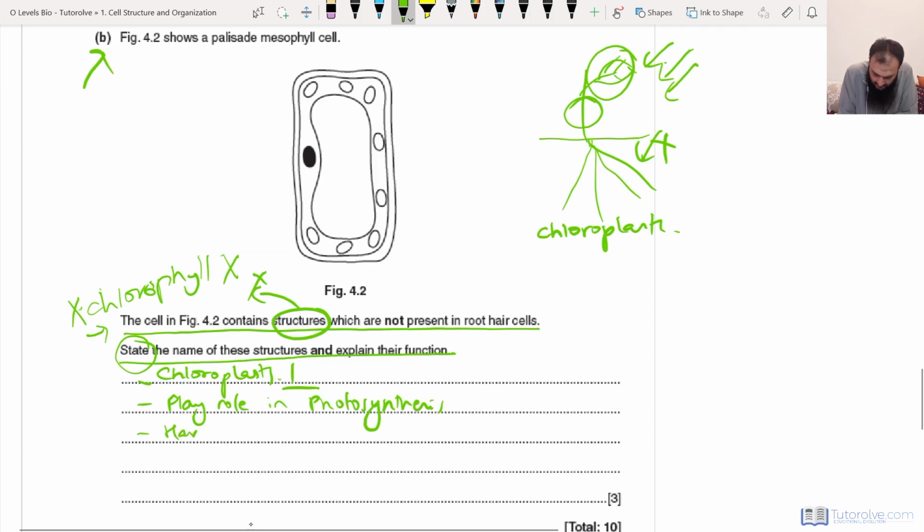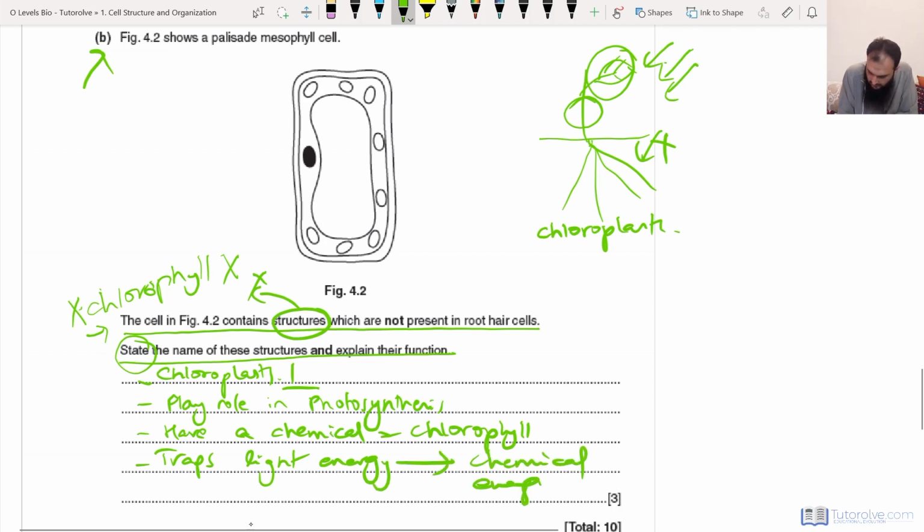They have a chemical which is known as chlorophyll, and chlorophyll traps light energy and converts it into chemical energy. Okay, so that gives you the rest of the marks. This is also a marking point, this is also a marking point, and this is also a marking point. So technically you get full score, 10 out of 10.